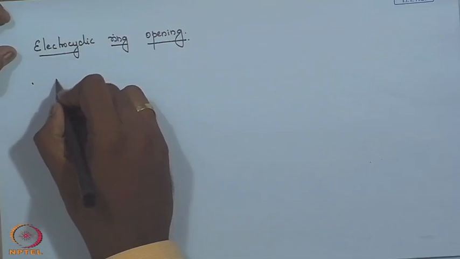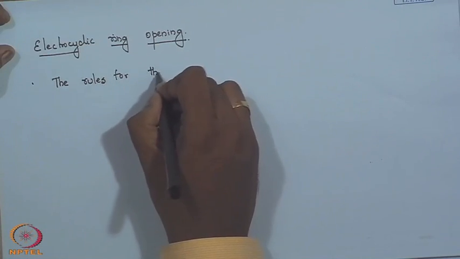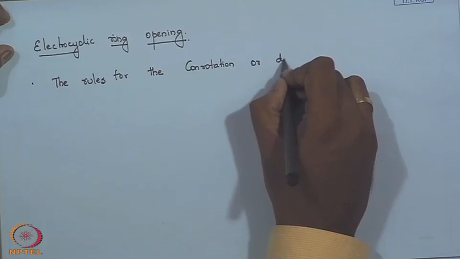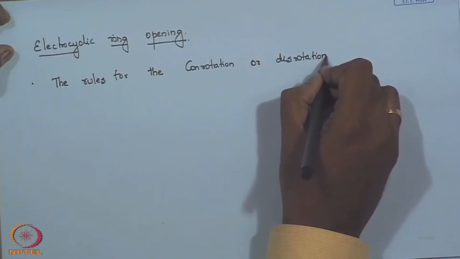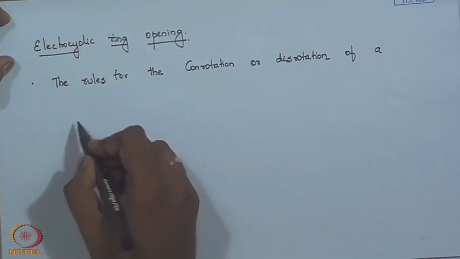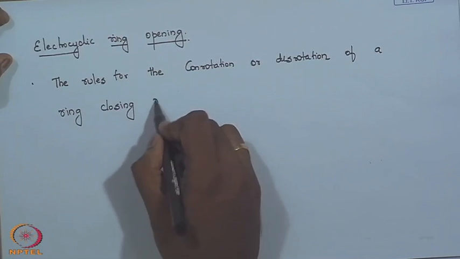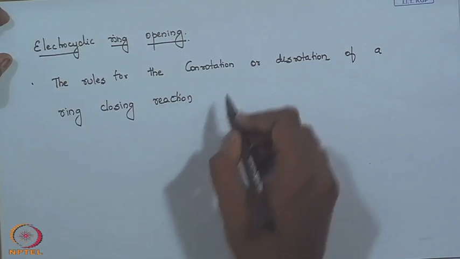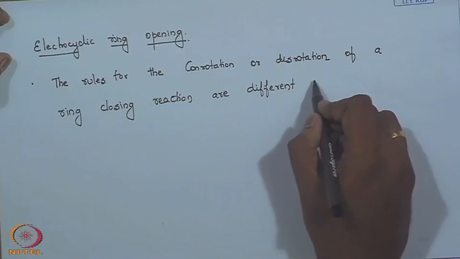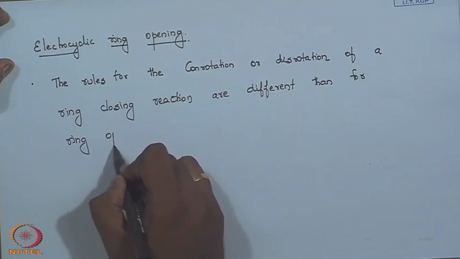What I say is that first thing, the Woodward Hoffmann rules for the conrotation or disrotation of a ring closing reaction are different than for ring opening. Very important. Okay.